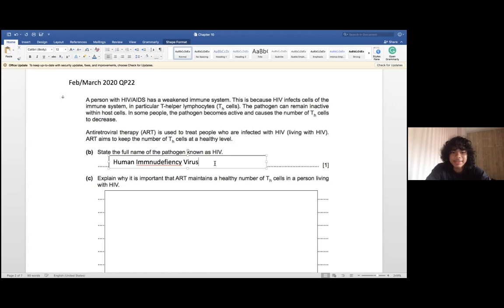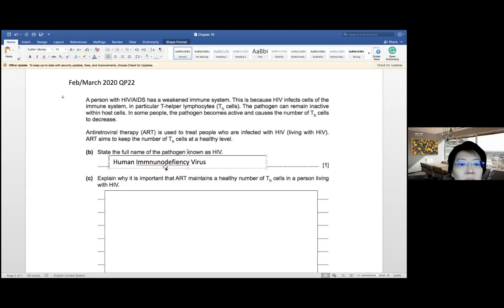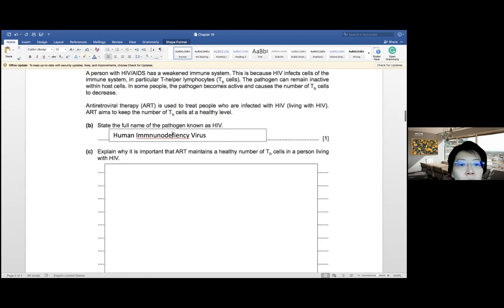Deficiency. I think this is how you spell it. Oh, my bad. I'll check again now. How do you spell this thing? Correct, right? Immune.